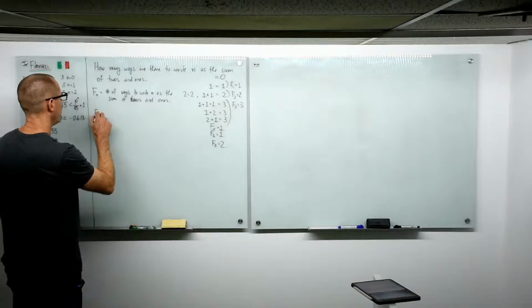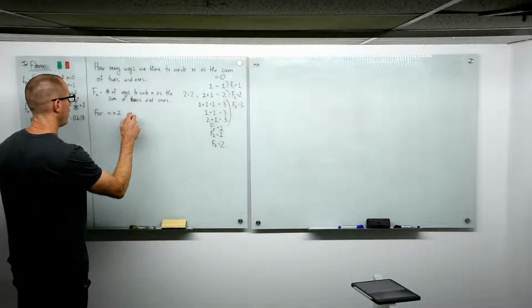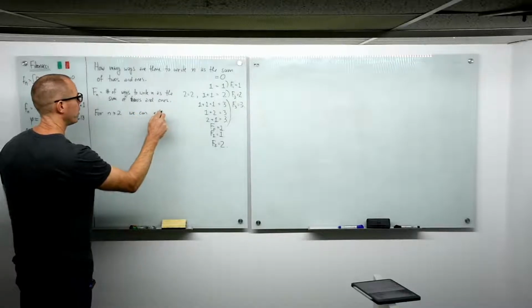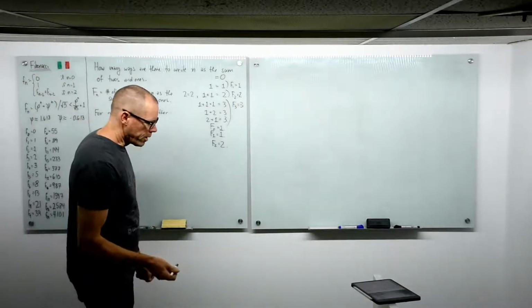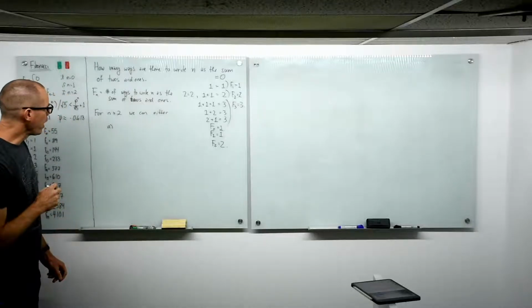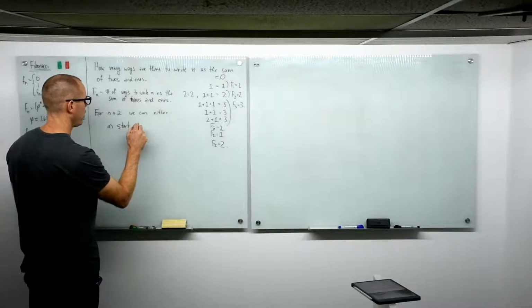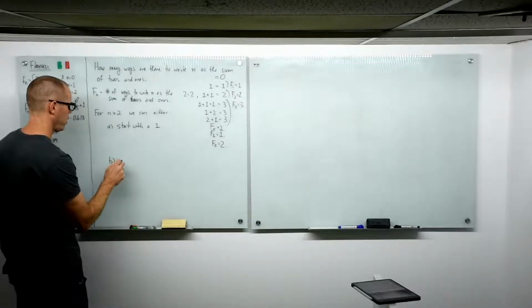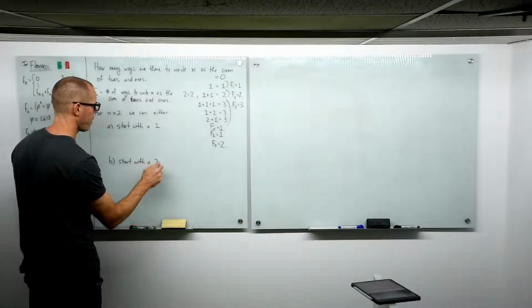So for n bigger than or equal to 2, we can do the following. We want to write this sum of 1s and 2s that add up to n. We can either start with a 1, or we can start with a 2. Okay.